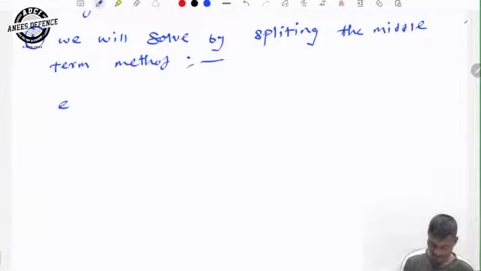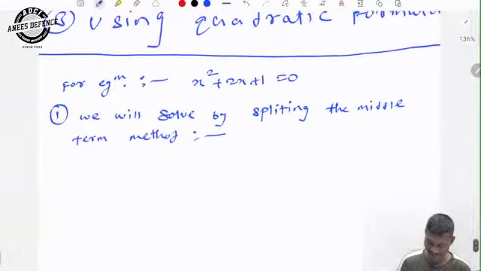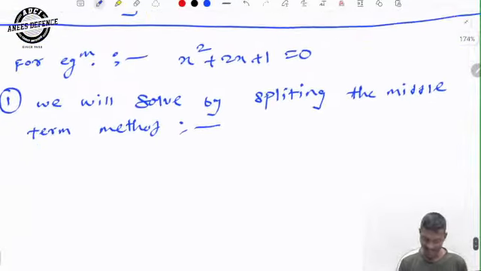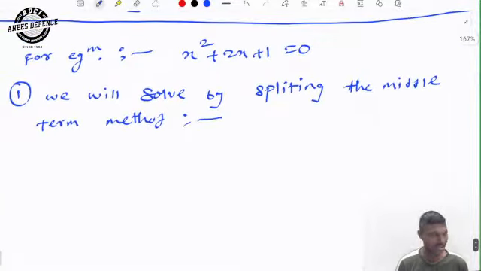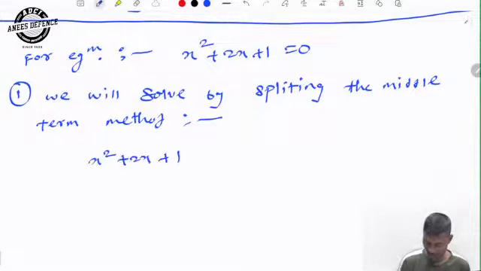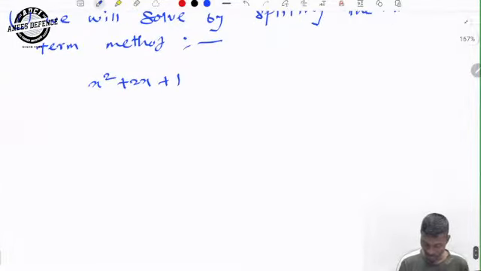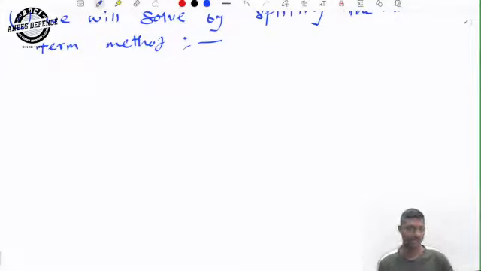So our example is x square plus 2x plus 1, and we are going to solve it by splitting the middle term method. First I will explain what the splitting the middle term method is.